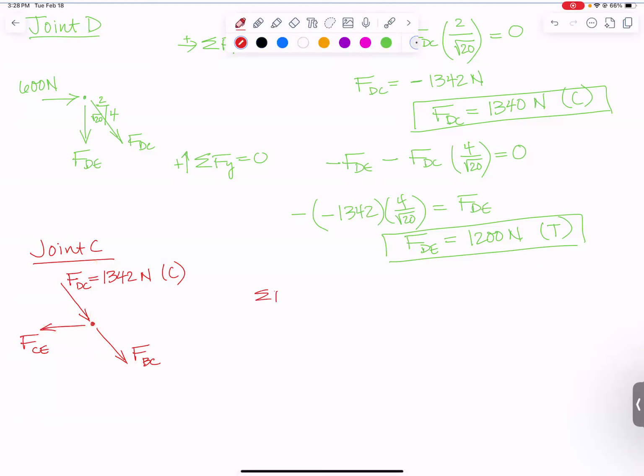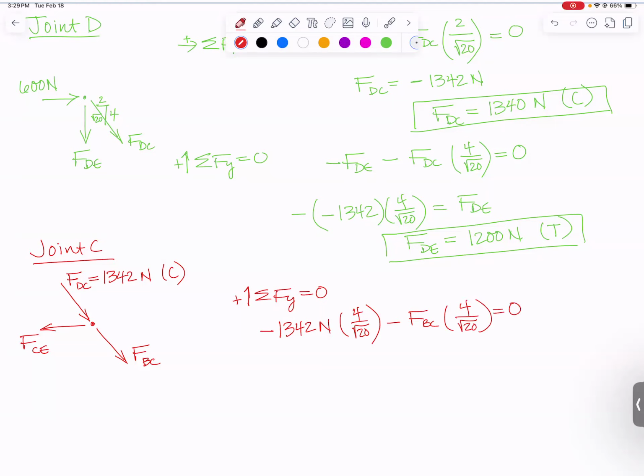So if I sum forces in the Y direction, it equals 0. I have pointed downward a component of the 1342 newtons. And the vertical side of that is the 4 over square root of 20. And then also downward is FBC times 4 over square root of 20 equals 0.